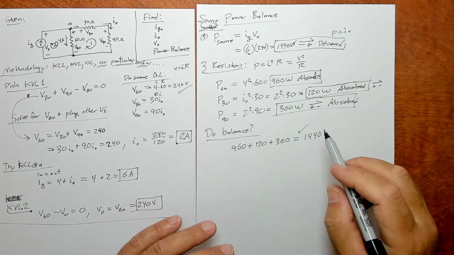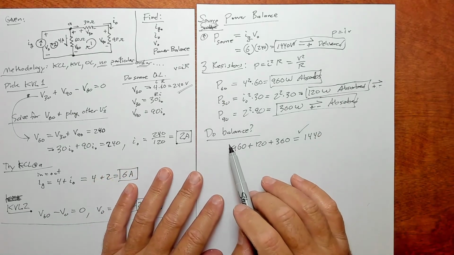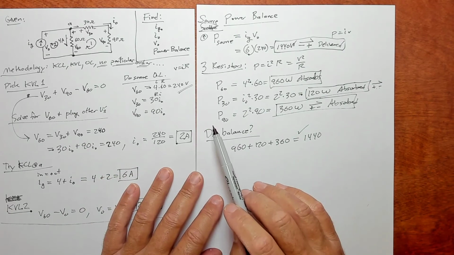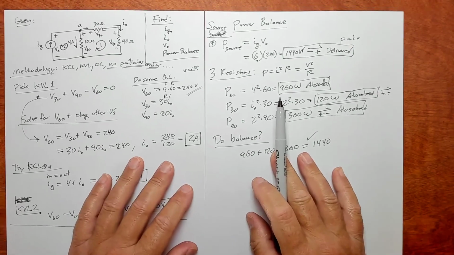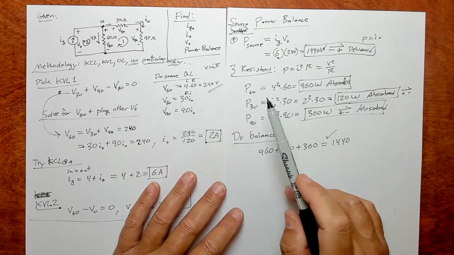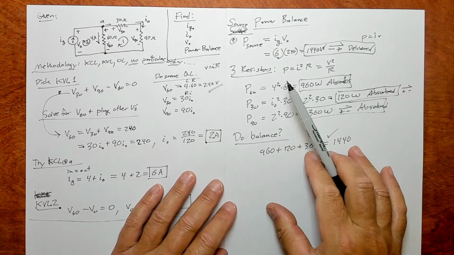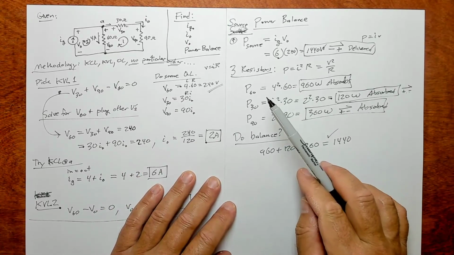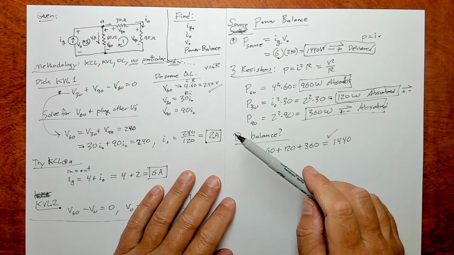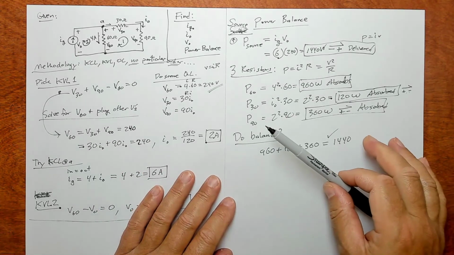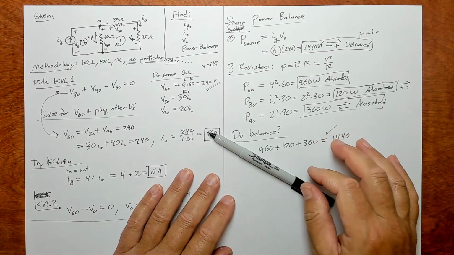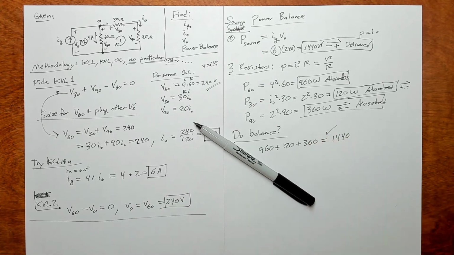So they balance, and they must balance. The power always has to balance in these circuits. If they don't balance, then one of two things happened: either you invented a new energy source and you're going to be incredibly rich, or you made a mistake. And the latter is probably more likely. Okay. Thanks.